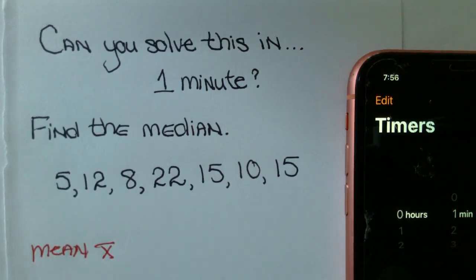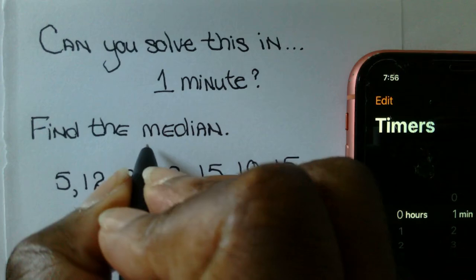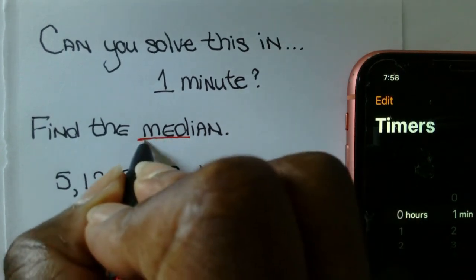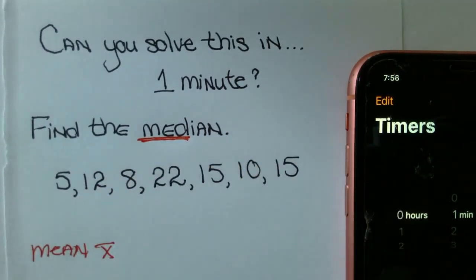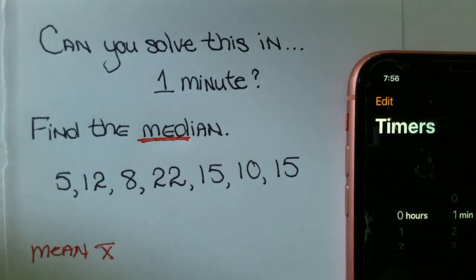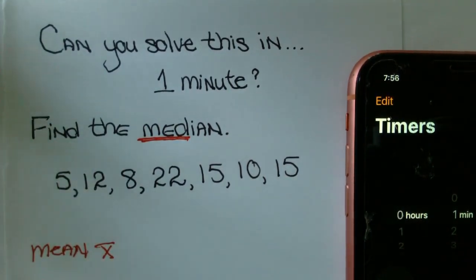Now, the median is middle. You see how the word mid is in there? Mid. Because think about it, if you're feeling mid, it's like you're not happy, but you're not sad. You're just kind of like, all right, you're in the middle, right?